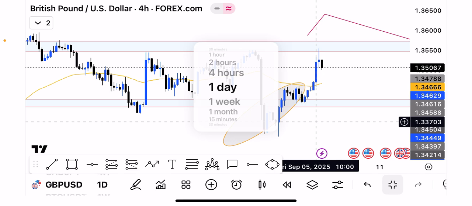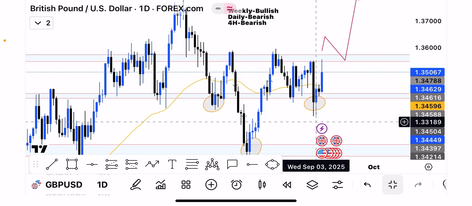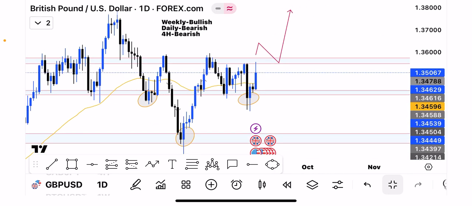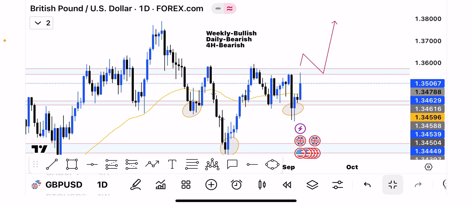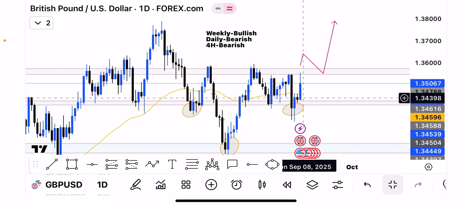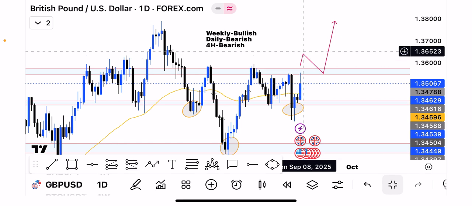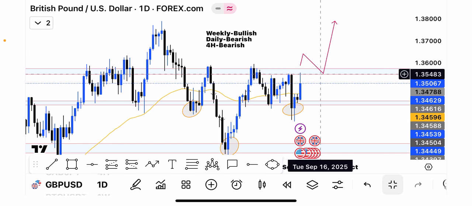So but for on the daily time frame, I'll be looking to go long. I'll be more comfortable to go long if this place should break and retest.